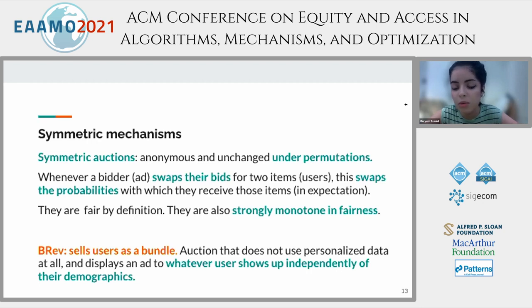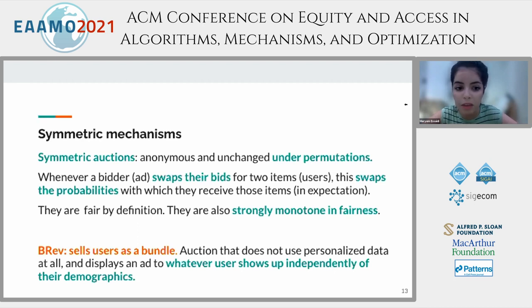A simple example would be if an ad for STEM jobs submits 1 for female users and 10 for male users, and then the seller gives them female users with probability 0.1 and male users with probability 0.5. If they were to flip their bid and instead submit 10 for female users and 1 for male users, then that should automatically swap their allocation probabilities, and they should get 0.5 for female users and 0.1 for male users.